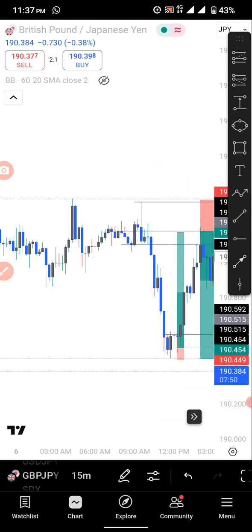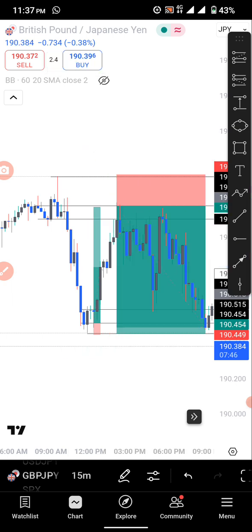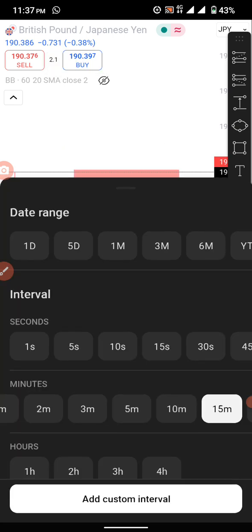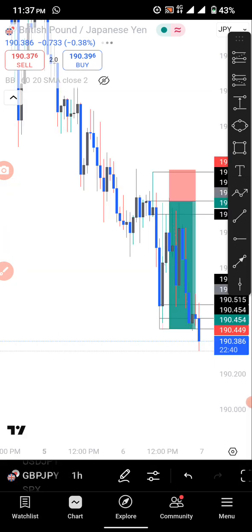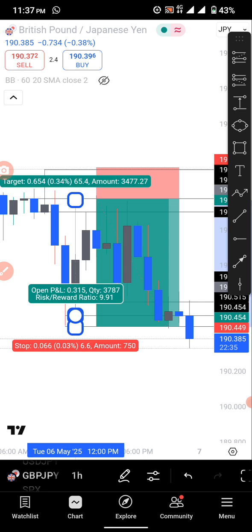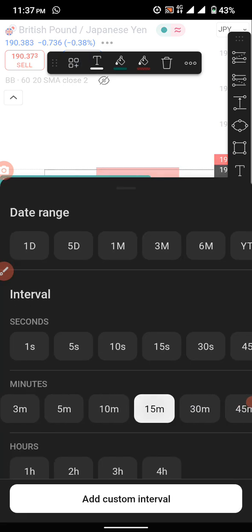Okay, something simple, as you see. The way it had played out, it has played out. This one is so small, it can't be seen very well.